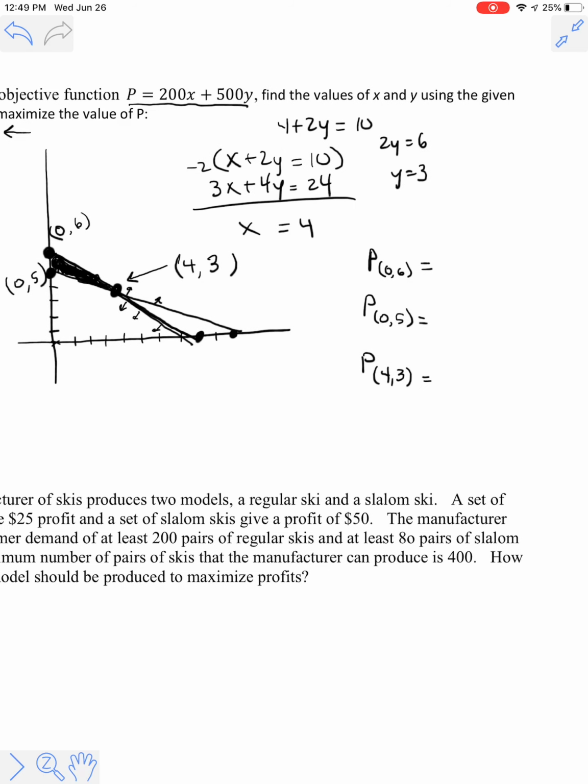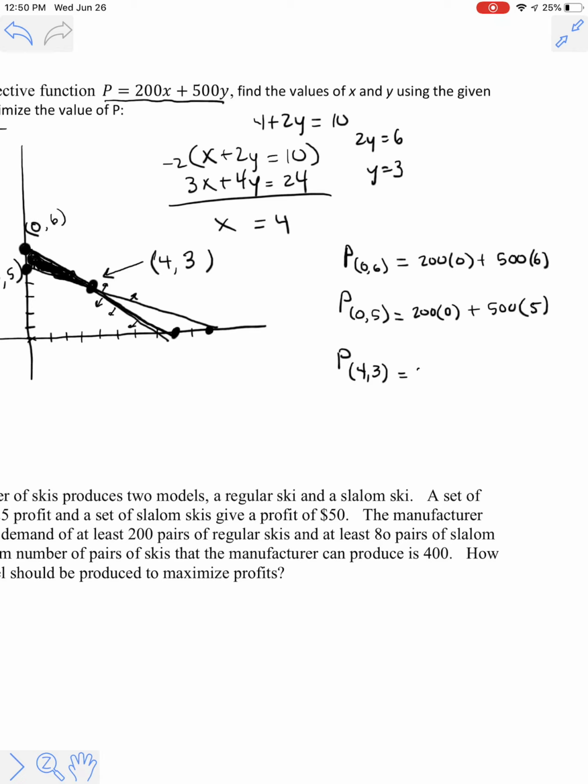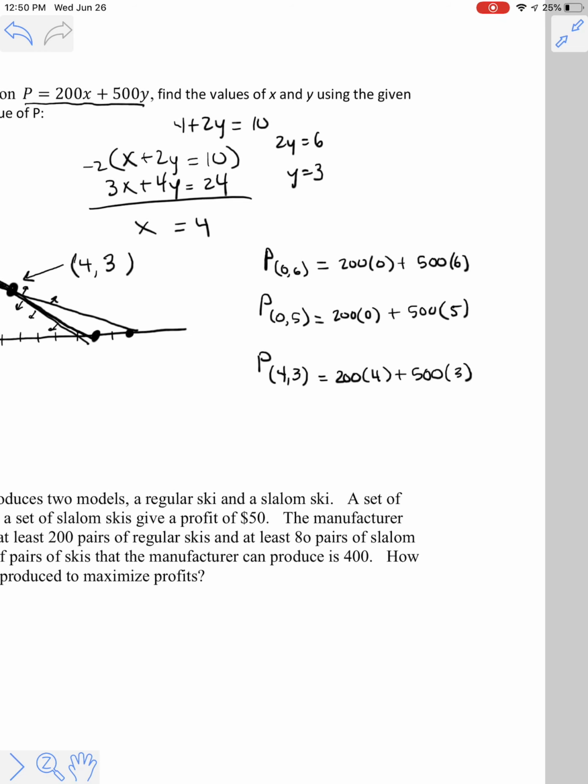So for the point 0, 6, if I plug in a 0 for x and a 6 for y, that's going to be 200 times 0 plus 500 times 6. For 0, 5, it's 200 times 0 plus 500 times 5, and for 4, 3, it's 200 times 4 plus 500 times 3.